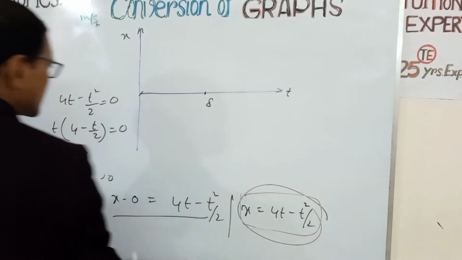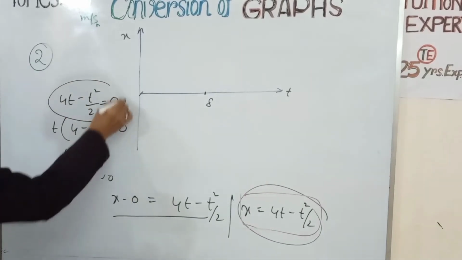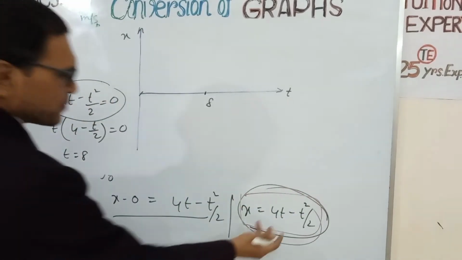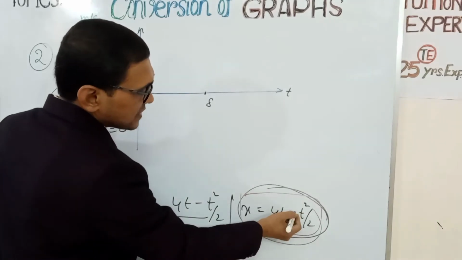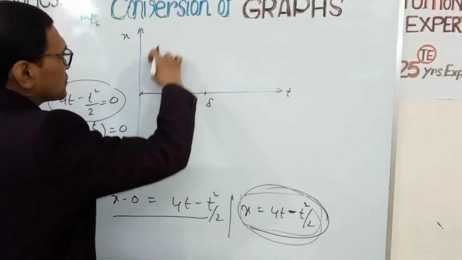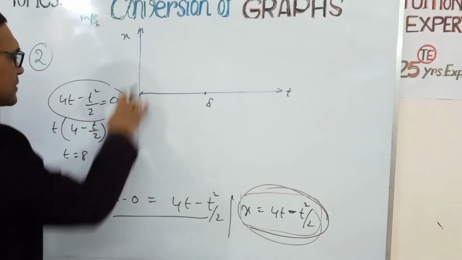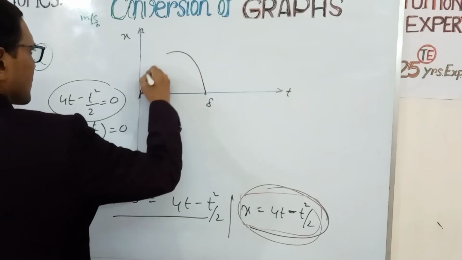This is a parabola, and if the coefficient of t square is negative, then the curve will be a parabola but its opening will be toward the negative x axis, this way.